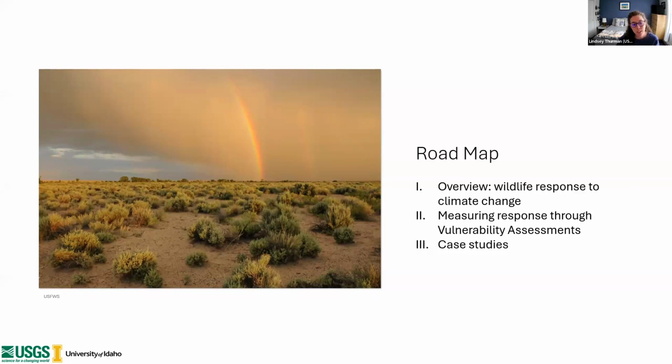Then we'll transition into talking about how we measure those responses and how we use that information in climate change vulnerability assessments, which are a very useful tool for integrating vulnerability science into conservation and management. And then at the end, both Cam and Janet have some awesome case studies to share with you that showcase this whole process.